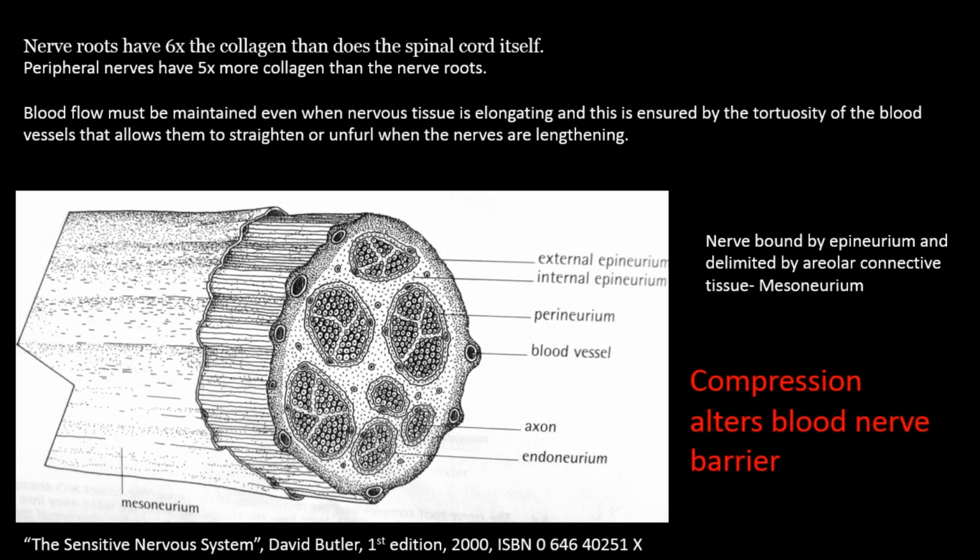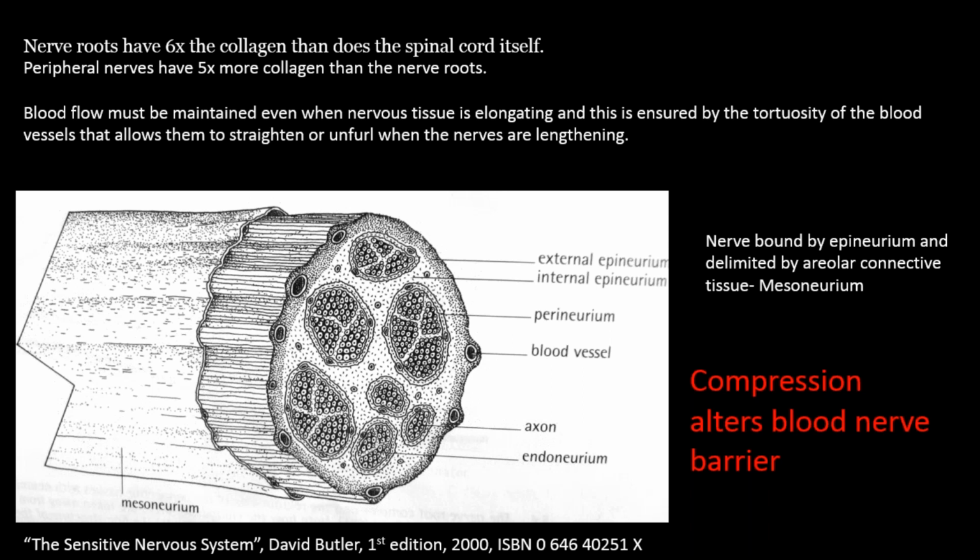When the nerve is elongating, these vessels straighten or unfurl, and when they go back to shortening, they furl again. By this tortuous arrangement of the blood vessels, blood supply to the nerve is not compromised, even if we are going through the extreme range of motion of the joints.